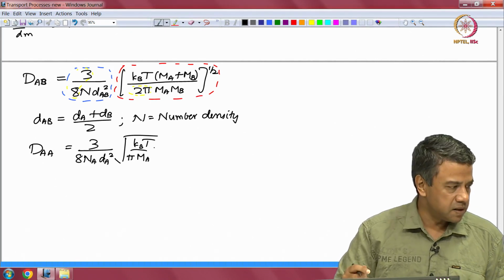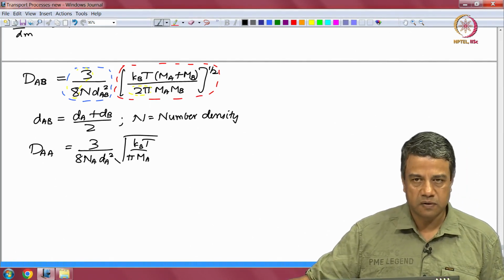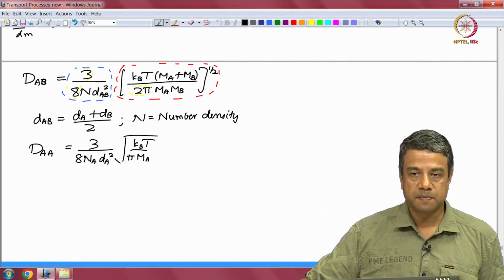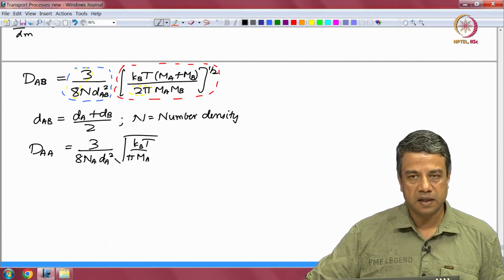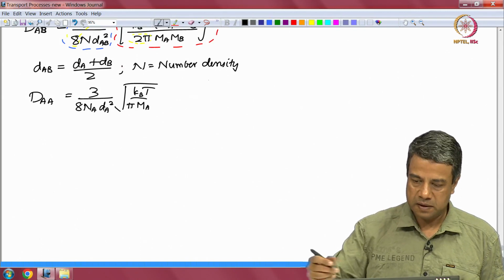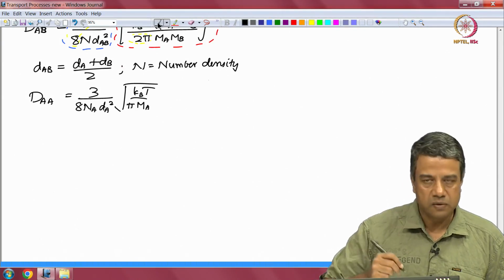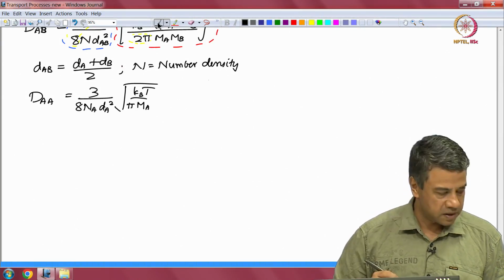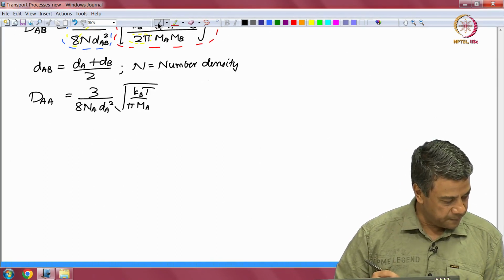So, these are more accurate estimates for the diffusion coefficient, which have explicit values for those parameters A, J and B that I had earlier. And we can use this also to calculate the diffusion coefficient in a gas of hard spheres.